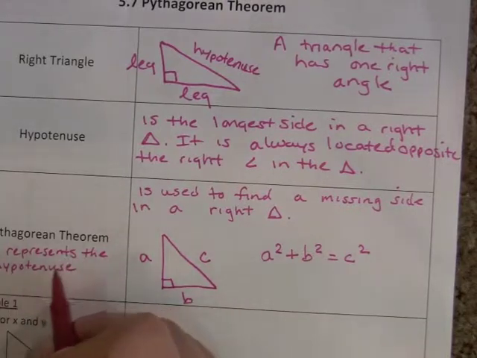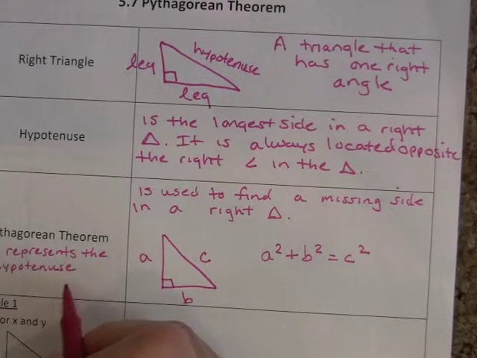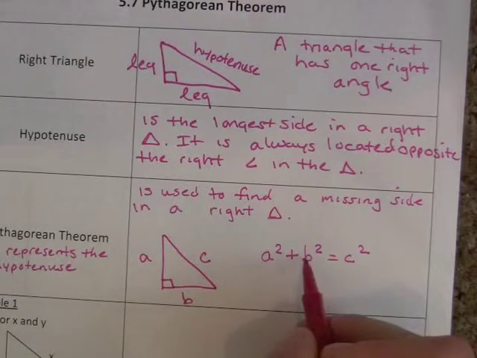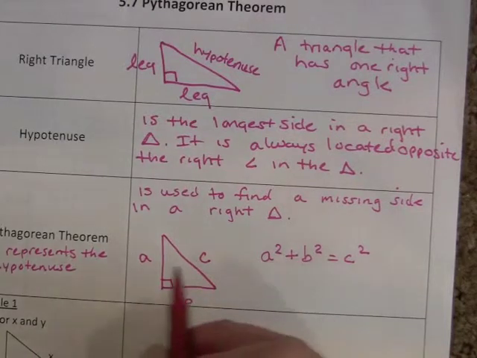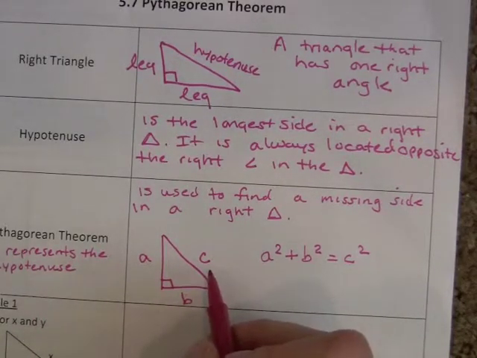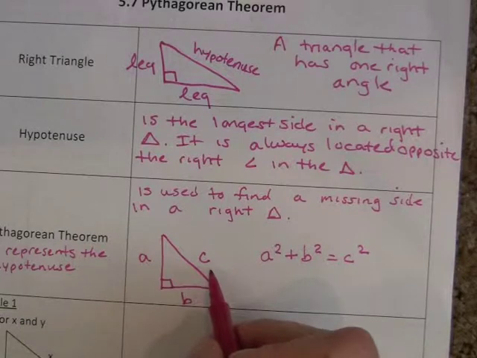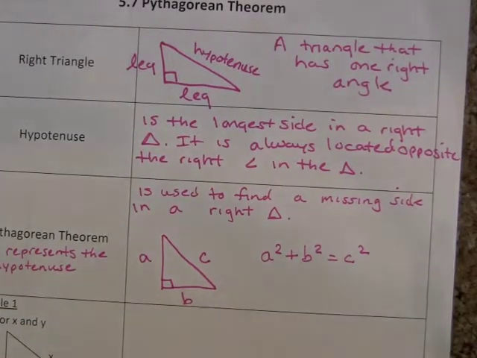So again, c represents the hypotenuse. The other two sides, a and b, represent the legs. It doesn't matter which side you designate as a or as b, but c matters. You must correctly identify the hypotenuse to make it c.